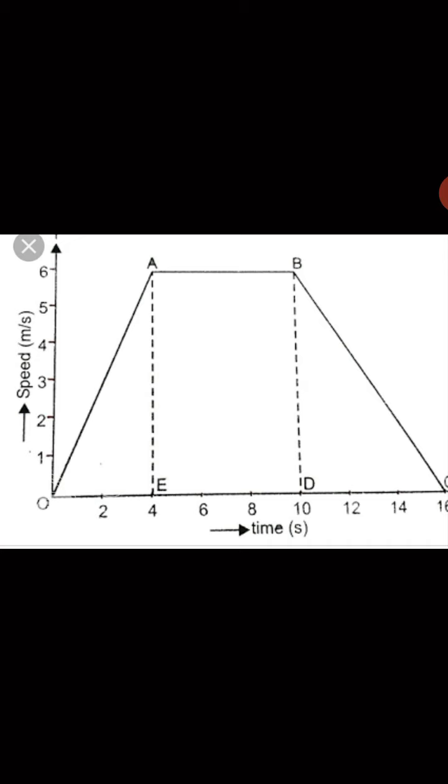So from point A to B, the object is moving at a speed of 6 meter per second. And what's the time duration between E and D? It is 4 and 10. So 10 minus 4 is 6. So for 6 seconds, the object was moving at a constant speed of 6 meter per second.